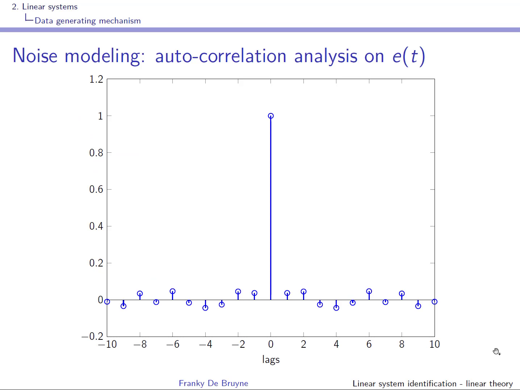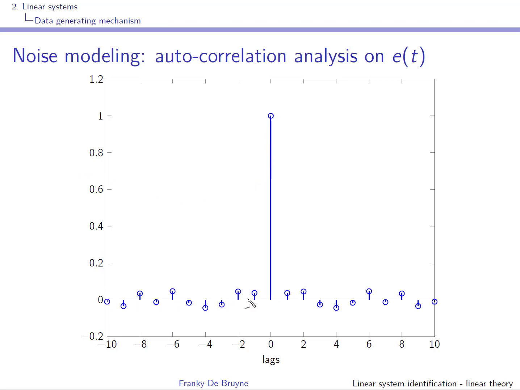So what we see here is the autocorrelation function of e of t. It is as expected. It's approximately 0 for lags that are different from 0, and it corresponds to the variance, which is 1 in this case, for a lag of 0.